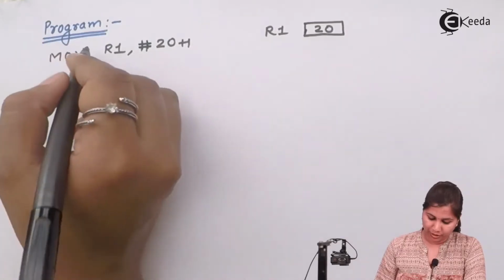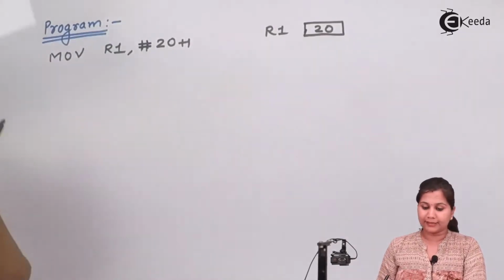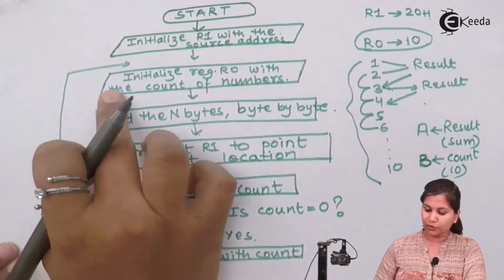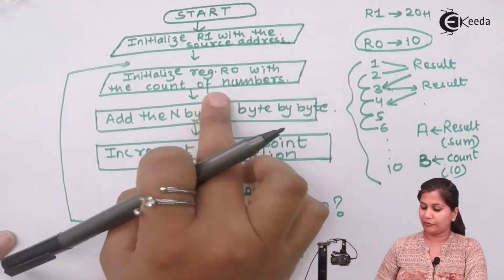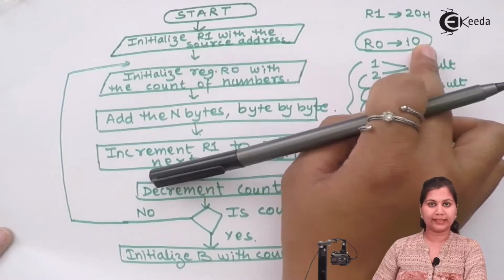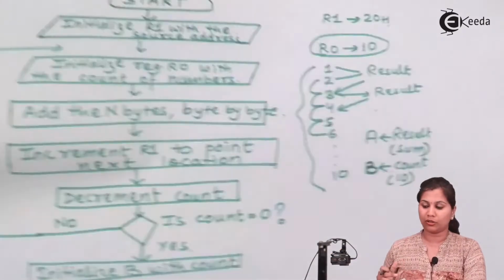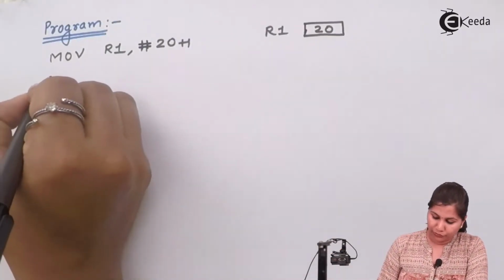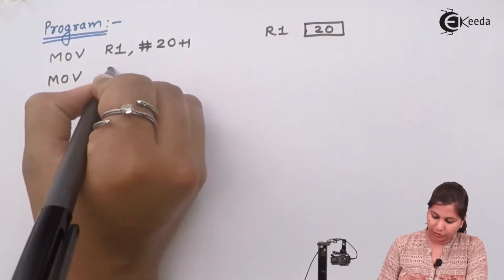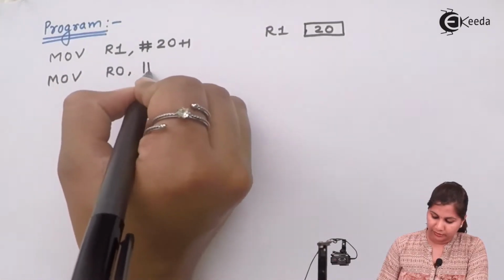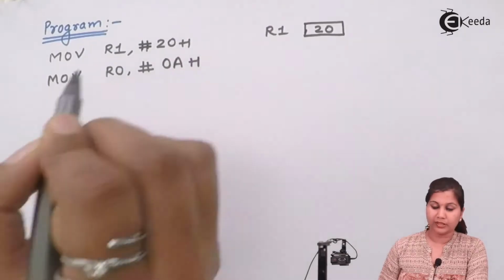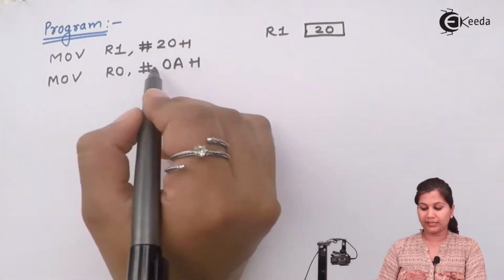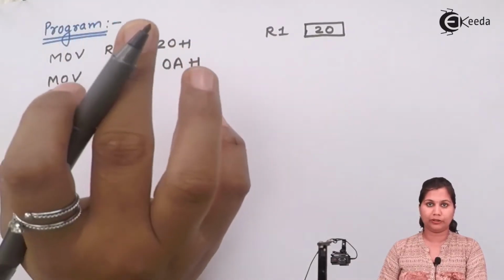Now the second step in the flowchart was to initialize the register R0 with the count of numbers, and we have assumed that there are 10 numbers in that block. So move into the R0 register the value 10, that is 0AH. H always denotes that the numbers are in hexadecimal notation.